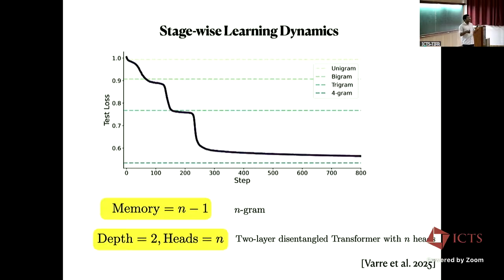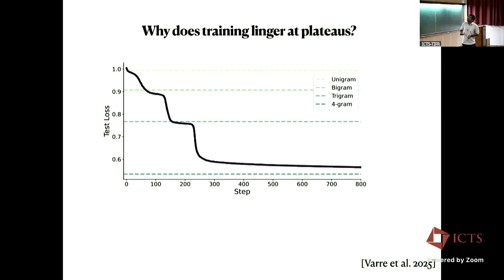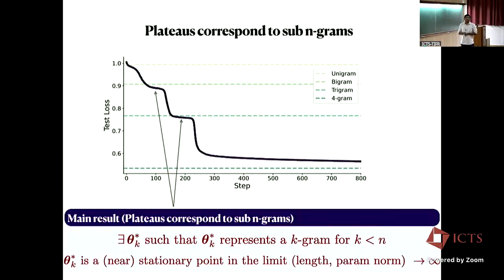The main question that one could ask, and they ask as well, is why does training linger at these plateaus that you see here? What happens exactly? They show a very interesting result that I alluded to before as well: these plateaus actually correspond to sub-n-grams.